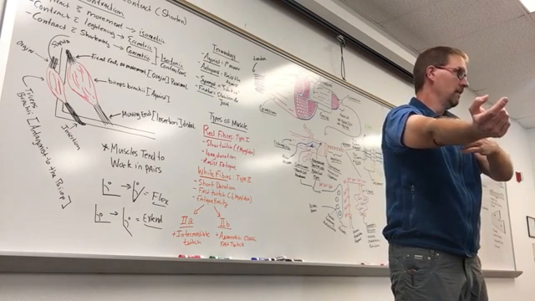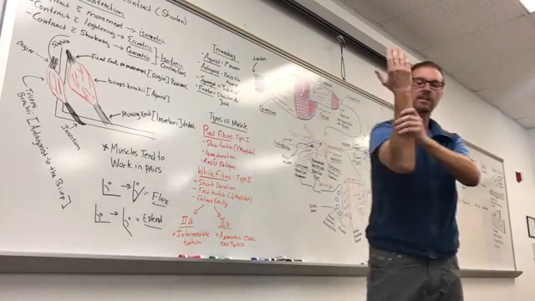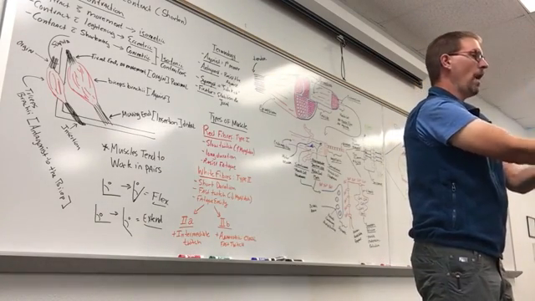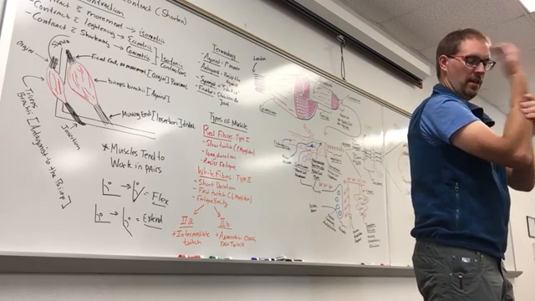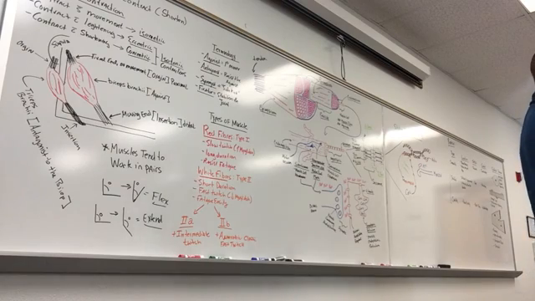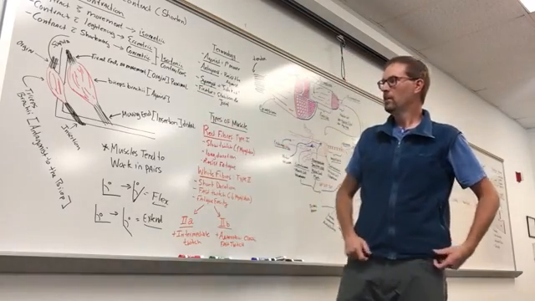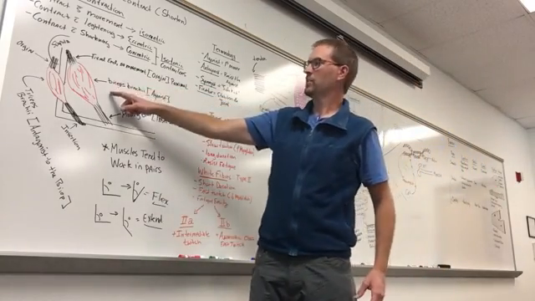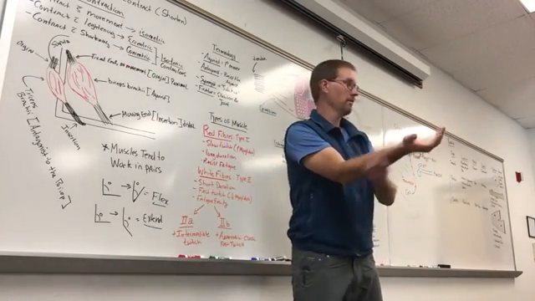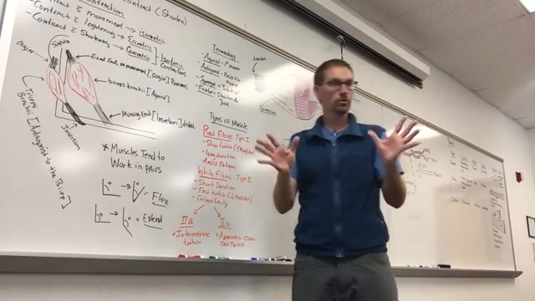So wherever whatever's being acted upon and being moved, i.e. the forearm in this case, will be where the insertion is, and wherever it's not moving and it's attached and steady is what we call the origin. You guys cool with that? That's the difference between origin and insertion. So the origin of the biceps brachii is up here on the humerus, and the insertion is down here in the forearm. Makes sense? So far so good?